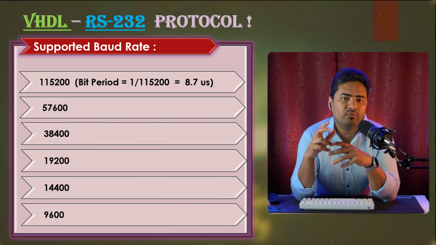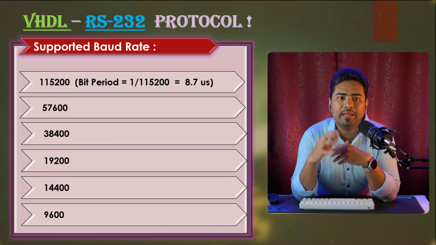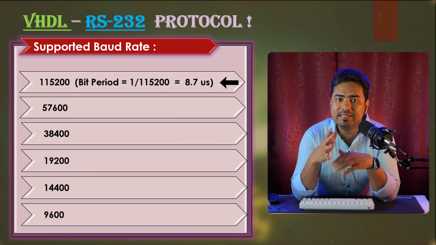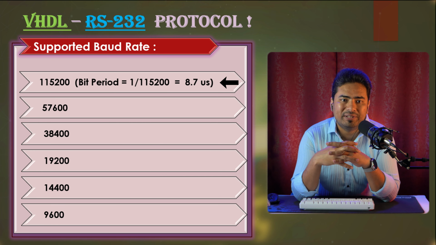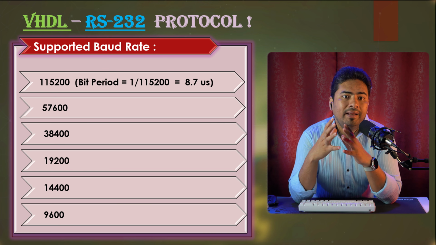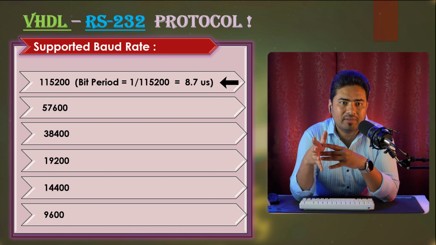For example, if you want to use the highest baud rate, that is 115200, then your bit period will be 1 divided by 115200, which means 8.7 microseconds. This means that you have to transfer each bit every 8.7 microseconds.